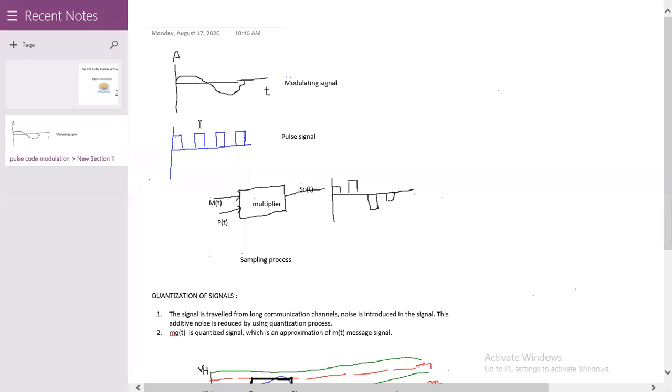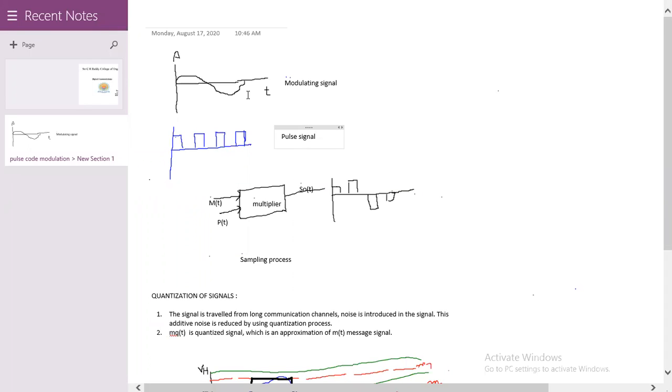Listen to me. Emma, is this screen visible to you? Yes, ma'am. Okay. So here we can observe the modulating signal. The modulating signal is a low frequency signal, in analog form. And another high frequency signal is a pulse signal.